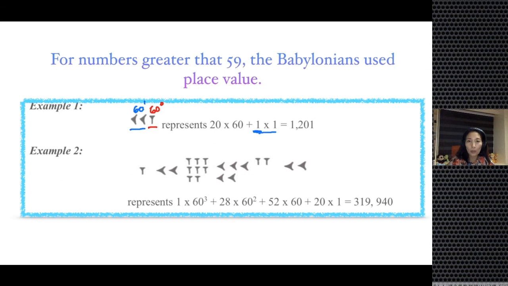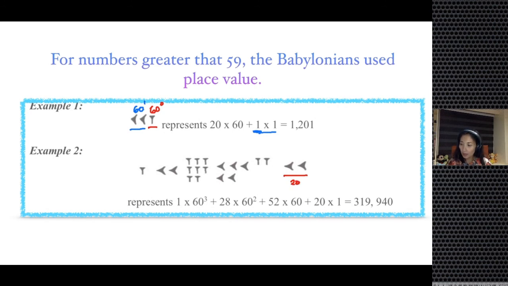Moving on to example number 2, we have from the rightmost, 2 horizontal wedges, 5 horizontal and 2 vertical, 2 horizontal and 8 vertical, and then 1. This stands for 20.